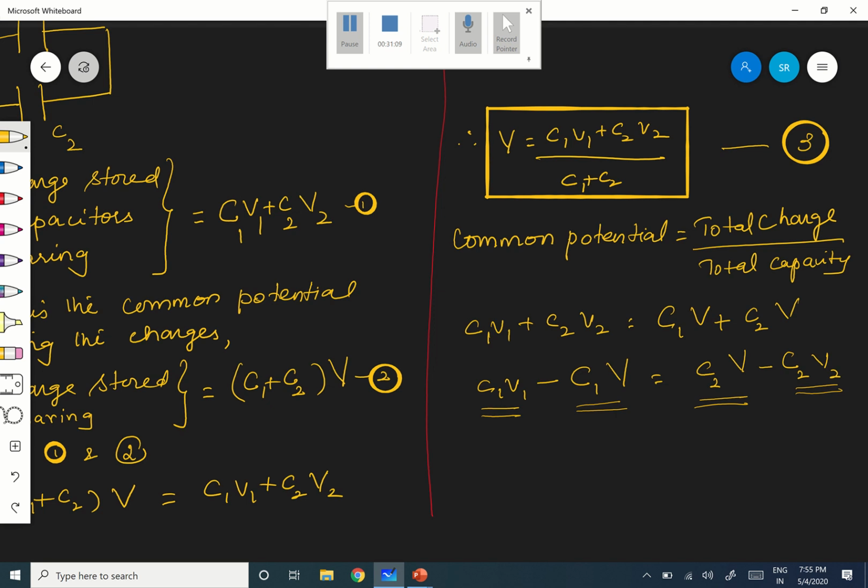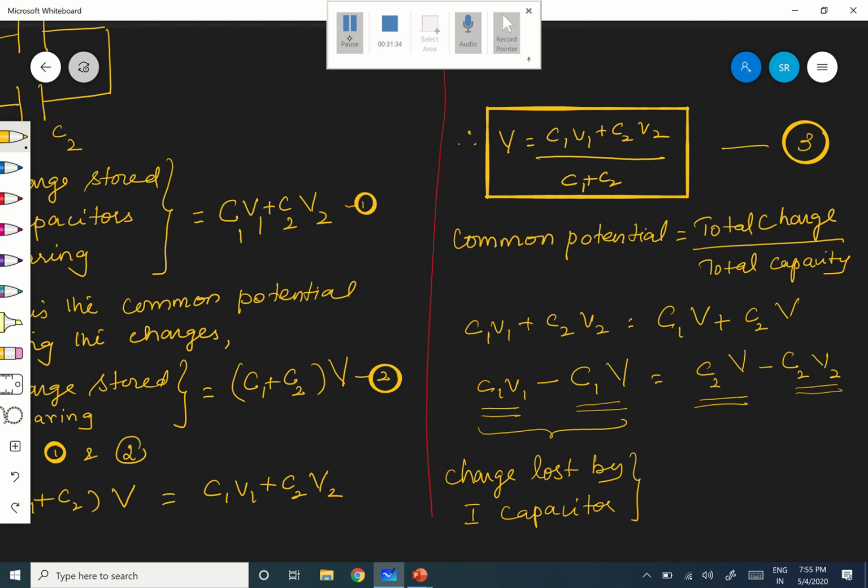So from this you can say that the left side here is the charge lost by the first capacitor, correct?